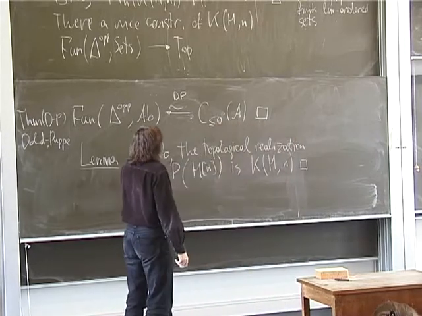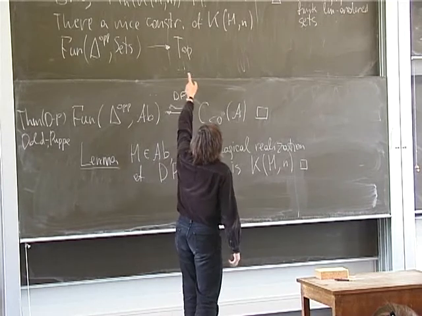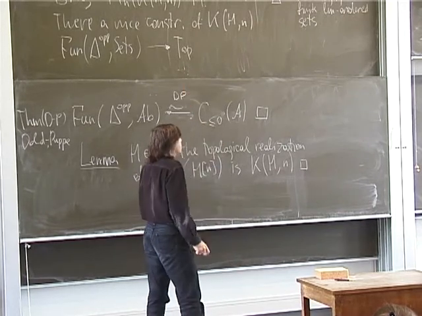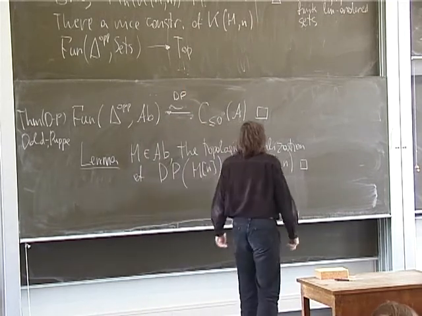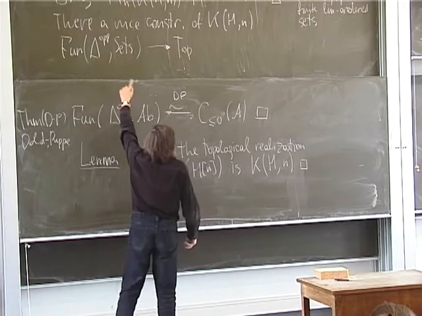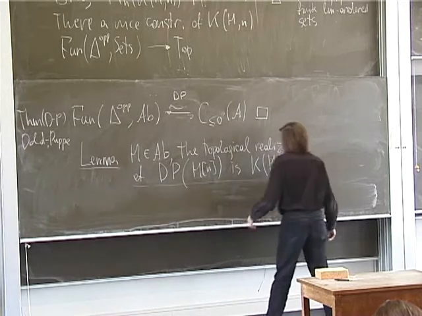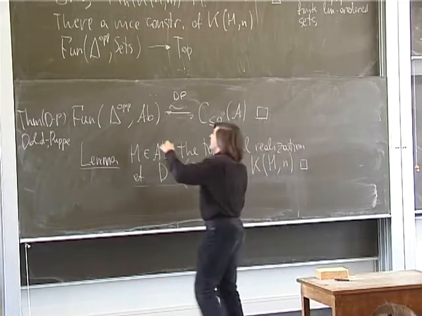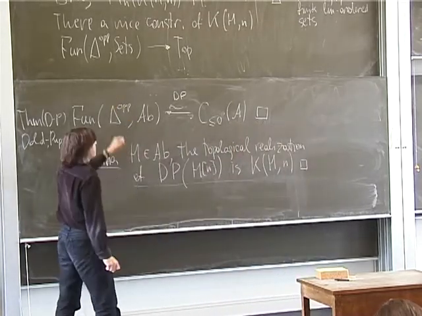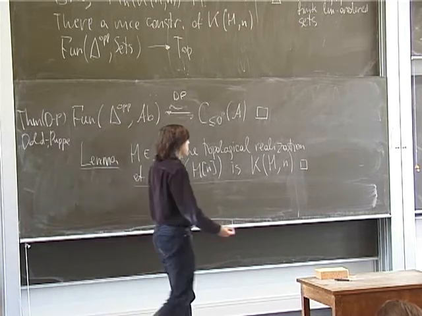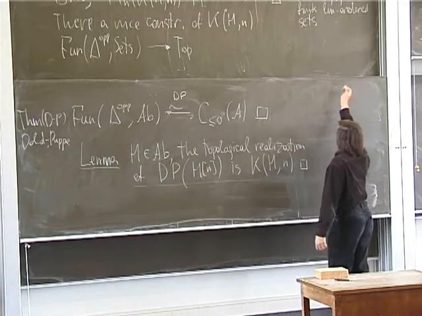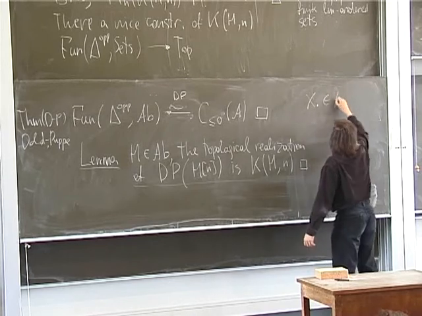And moreover, that transgression map, which I wrote there on the level of homology, also has a very explicit simplicial interpretation. So if one has some simplicial set, then to compute this homology, it's very well known what to do.